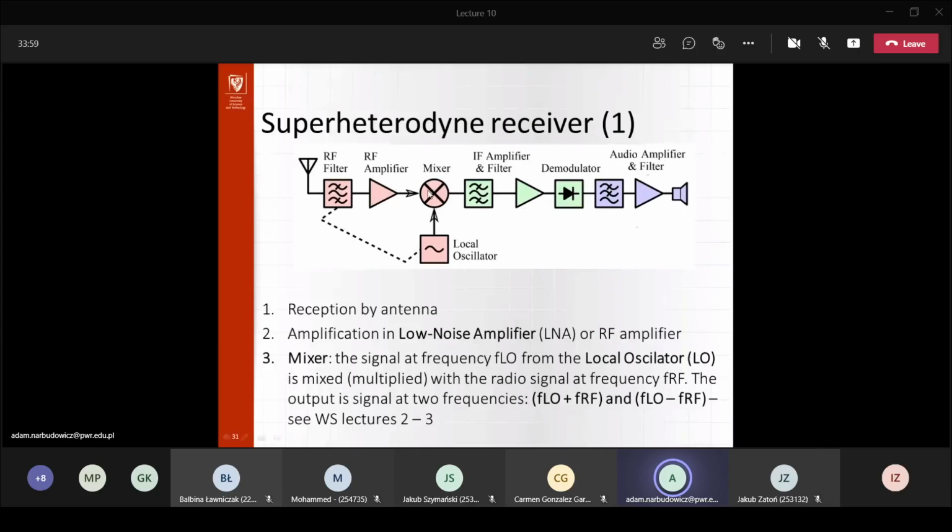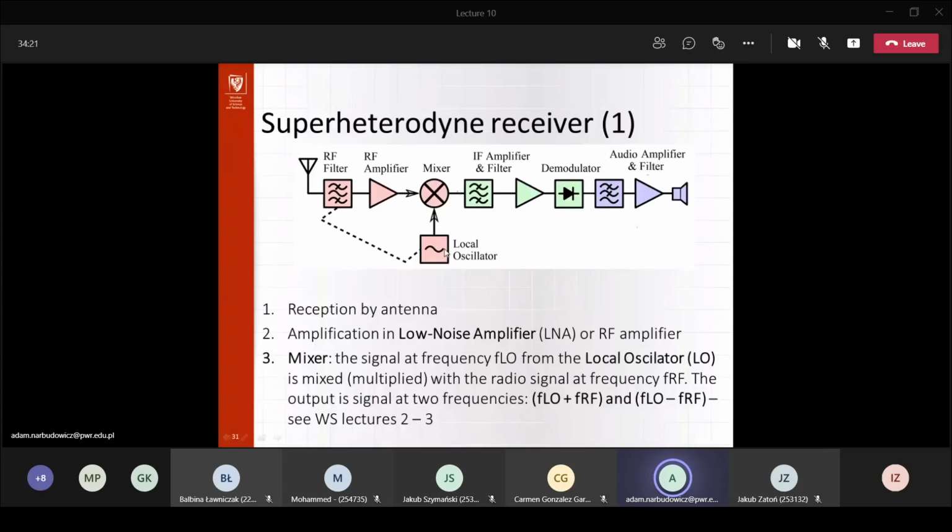So once we have the amplified signal, we perform our demodulation with the mixer, right? This is the principle you saw earlier on, last week, that we simply once again multiply our modulated signal with the carrier frequency.